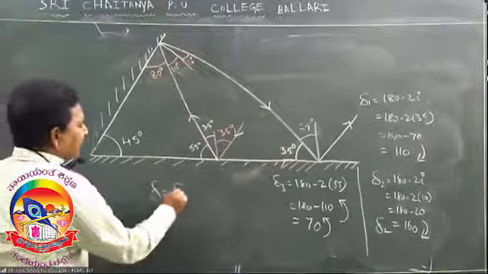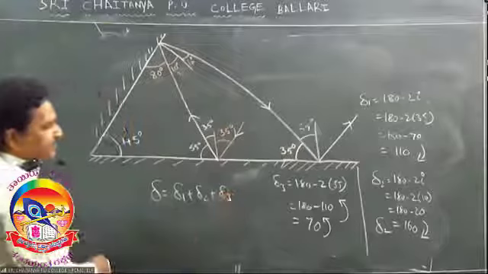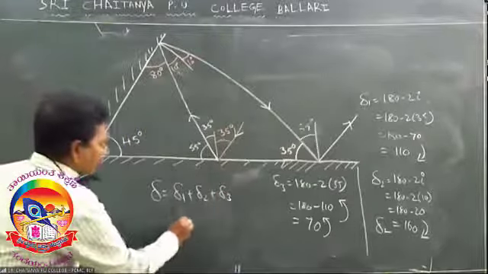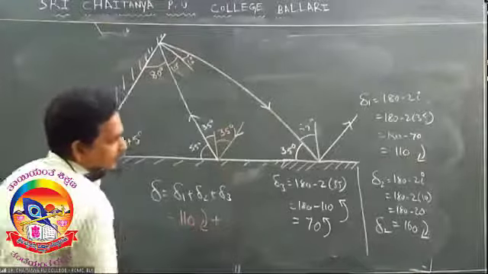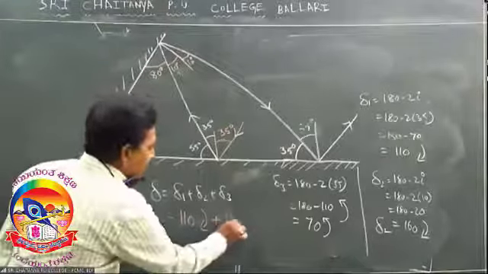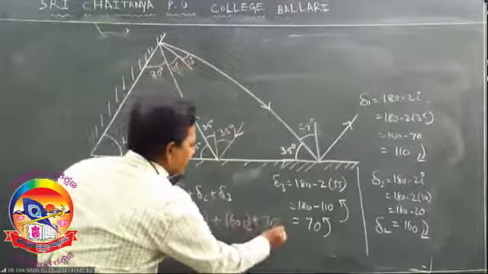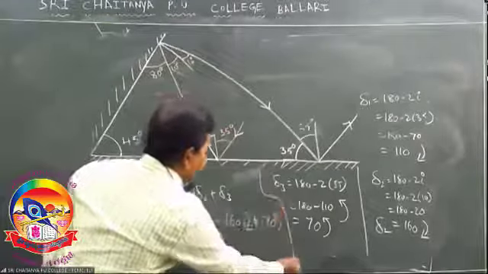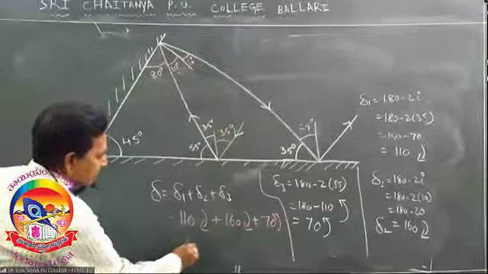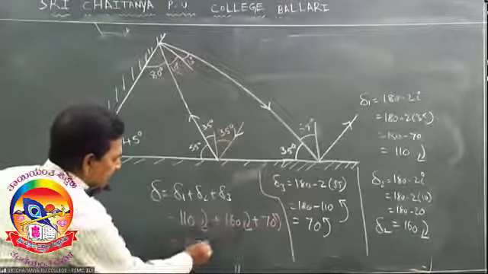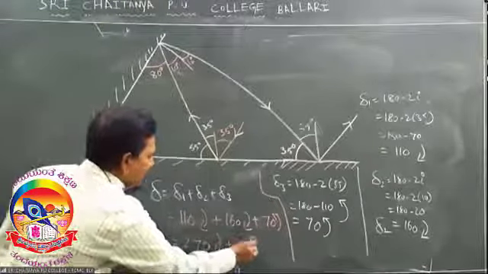Now calculate the net deviation. Delta 1 plus delta 2 plus delta 3. 110 clockwise plus 160 clockwise plus 70 anti-clockwise. 160 plus 110, 270 clockwise, 70 anti-clockwise.